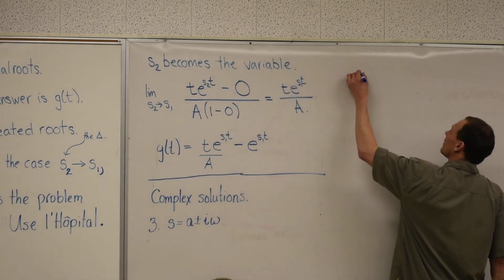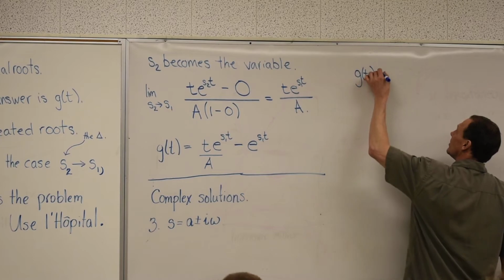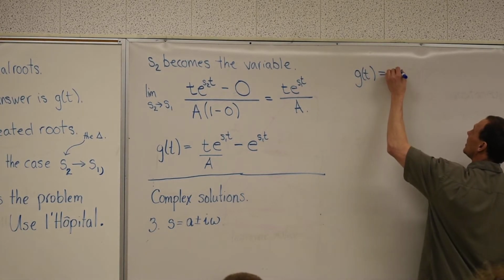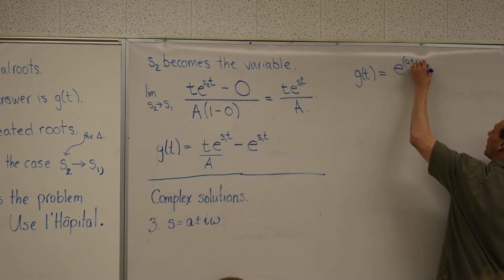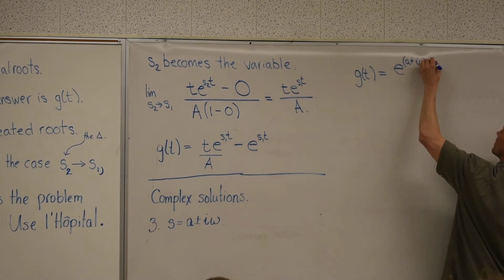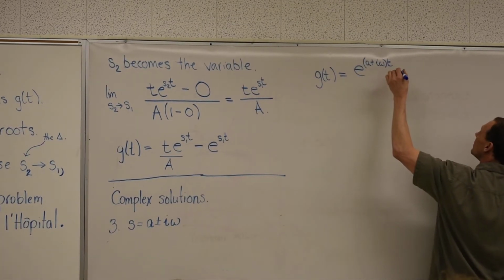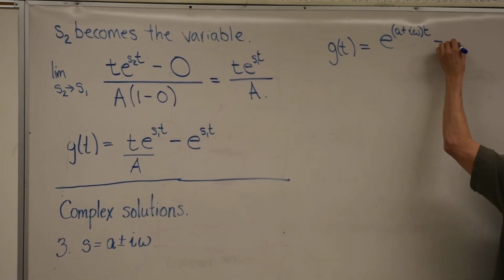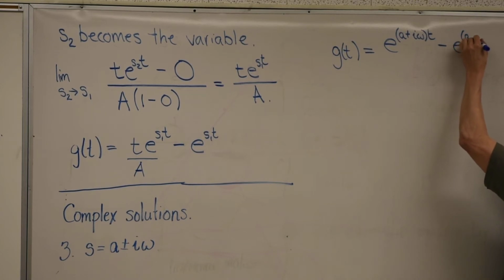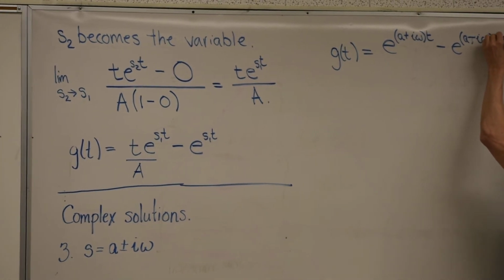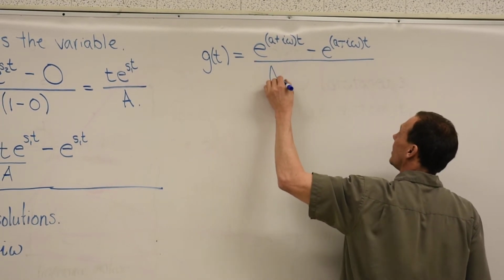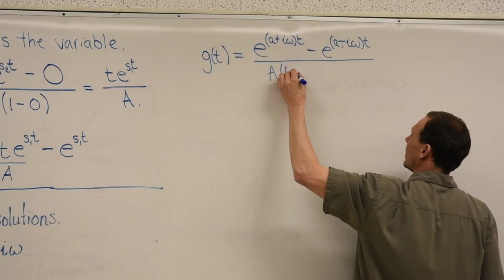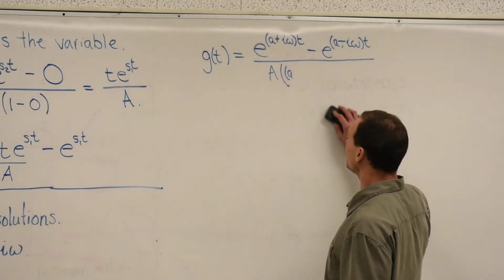So let's put that in. I have g of t equals e raised to the (a plus i omega) t, minus e raised to the (a minus i omega) t, over A times S2, I have S2.